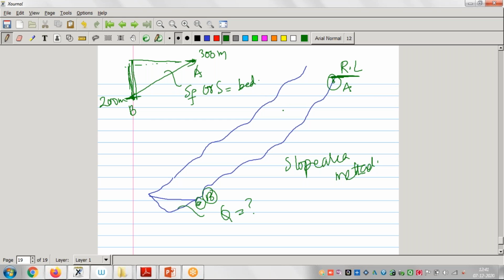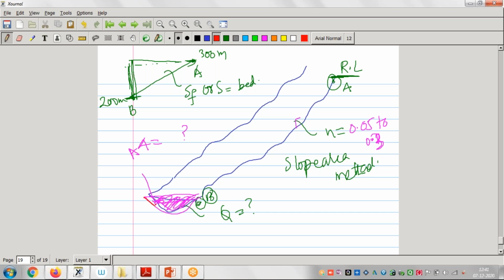Now, the second thing required: what is the n value here? The n value will generally be given for different types of material. It may be in the range of 0.05 to 0.1, or maybe 0.2 to 0.3, likewise, for different types of material. Next is the area of this channel section. Once the area is known, then you must know the perimeter.